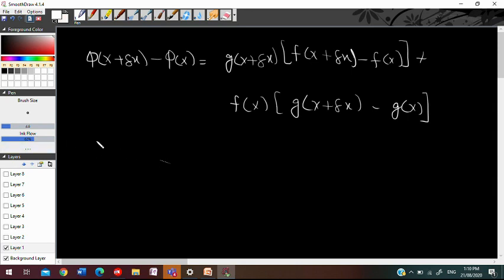Now divide both sides. The next step, the third step, is divide both sides by del x. Okay.